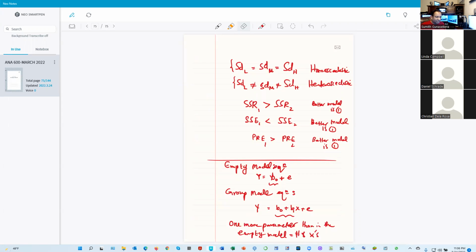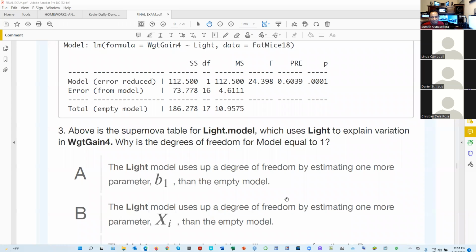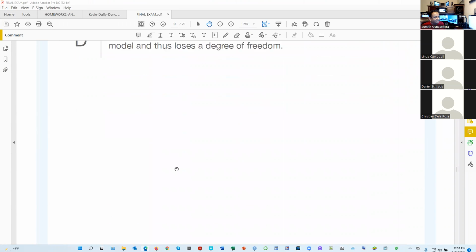In the empty model, the number of parameters is 1. In the group model, the number of parameters is 2. So 2 minus 1 is one more parameter than the empty model, which is the number of x variables. So that's why 3 is A. Okay, and number 4.